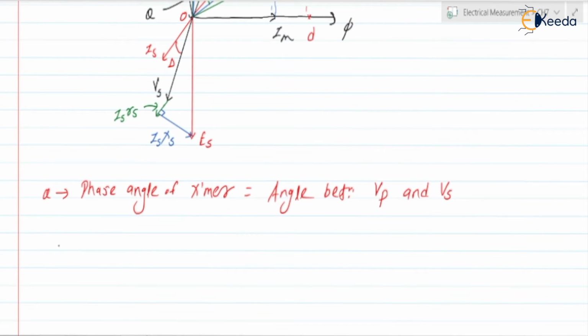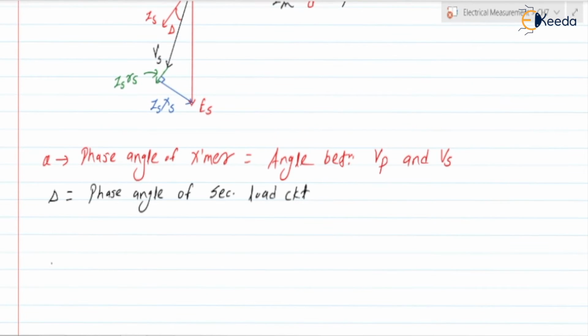Next we have delta, which is the phase angle of the secondary load circuit.